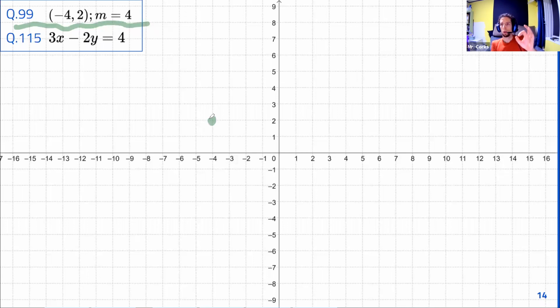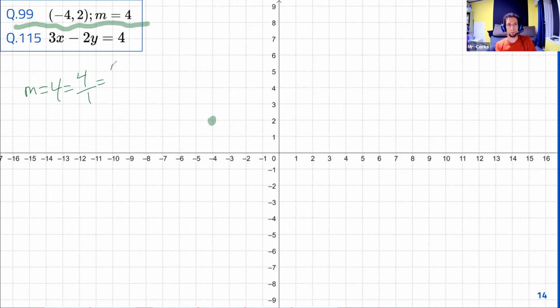Okay, so we could take the slope and the point and figure out the slope intercept form and then find the y-intercept and then start at the y-intercept. Or we can just start at the point. That also works. Slope and point is enough to define a line. So we're starting here. Remember, if the slope is m equals 4, that's the same as 4 over 1.